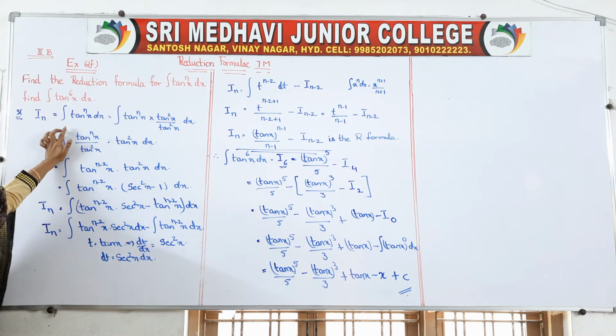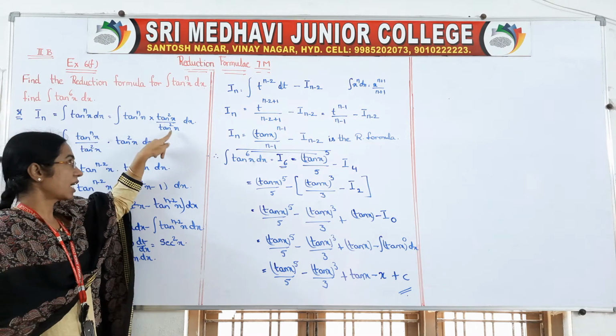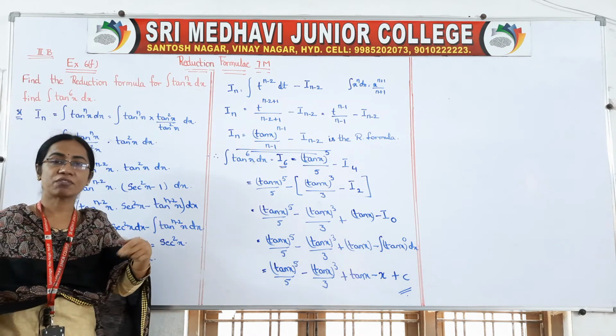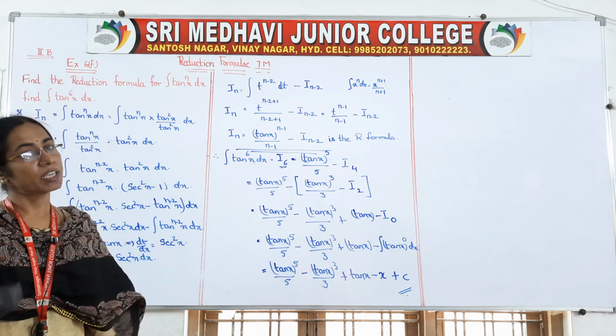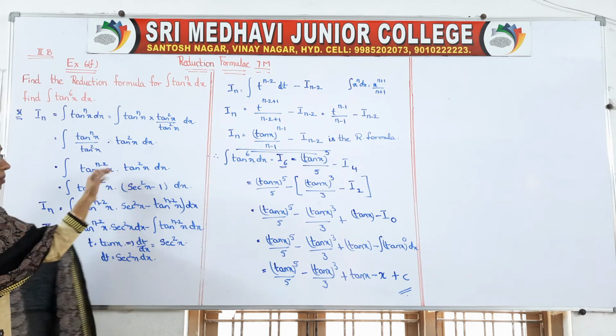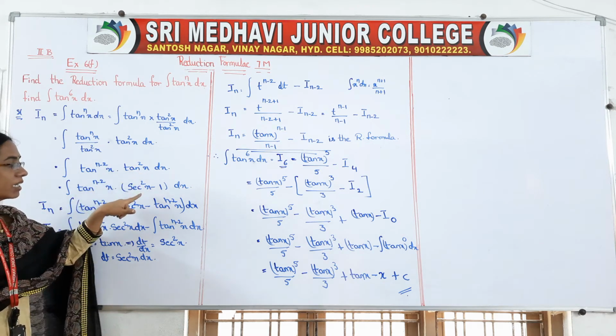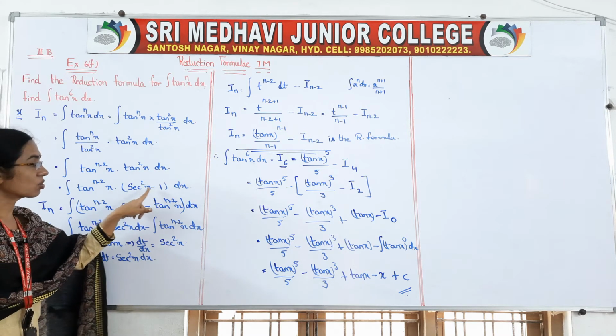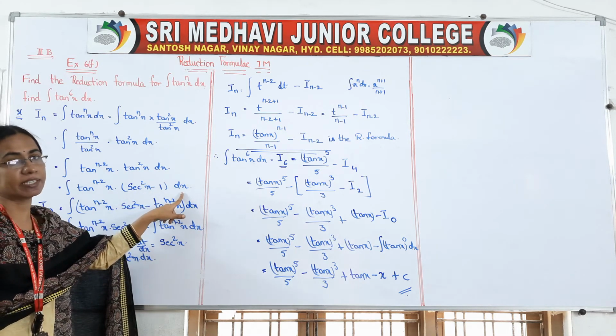And here one thing you have to remember: here I multiplied and divided with tan square x. In the previous question we multiplied and divided with sin x, right. There we applied the product formula. Here no need to go for the product formula; directly we have tan square x, and by identity, secant square x minus 1 formula is there, right.